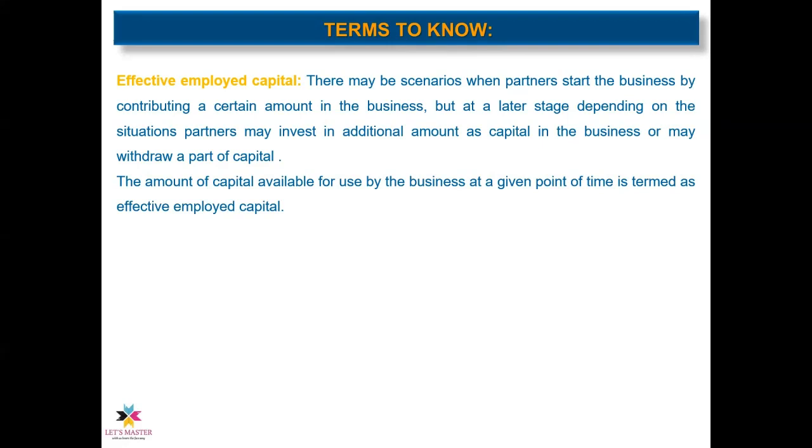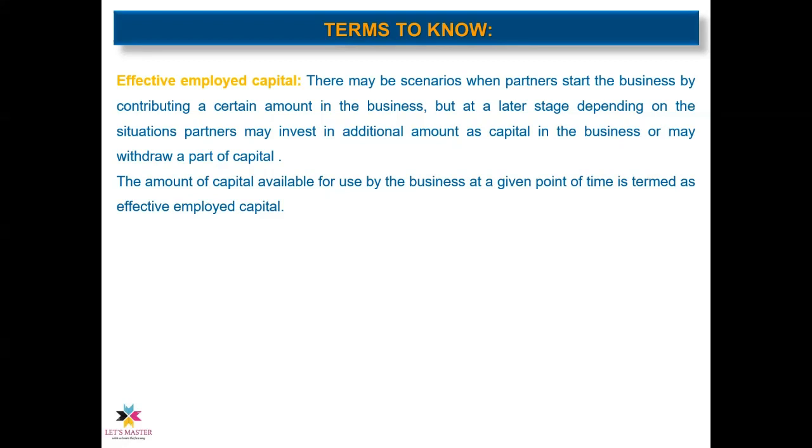So for example, a partner started a business with 70,000 rupees. And after 5 months in the accounting period, the partner has withdrawn 20,000 rupees from his capital. So for the rest of the 7 months, the business will have only 50,000 at its disposal.